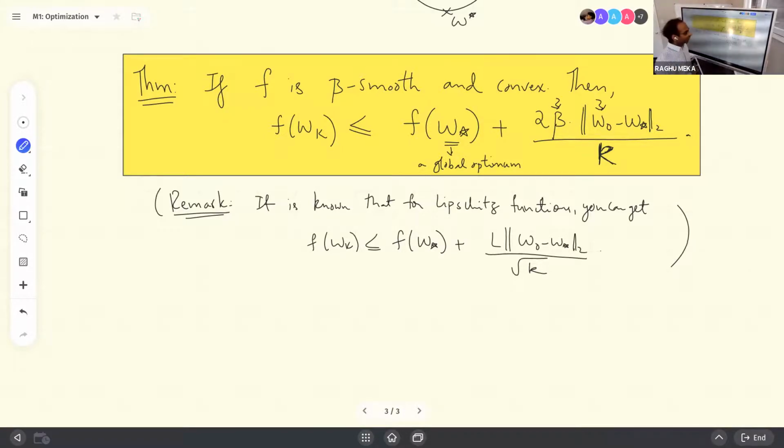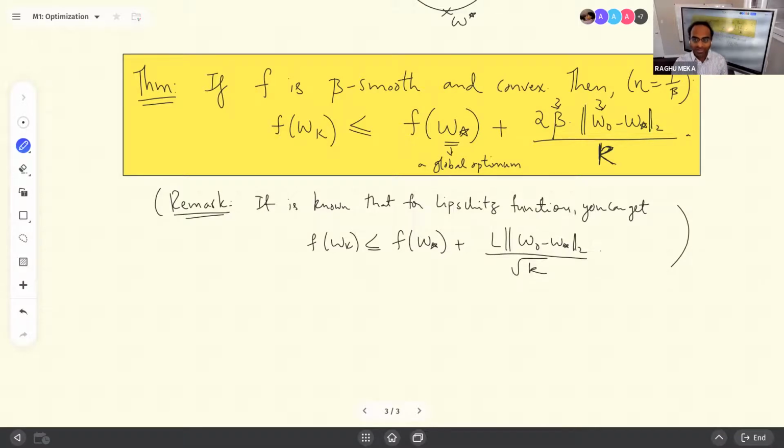So the proof involves two important components. One is something that we already saw, which is that the function is smooth. If I say eta is 1 over beta, the step size is 1 over the smoothness, I get this quantity. So we already saw that the function value decreases, even without convexity.